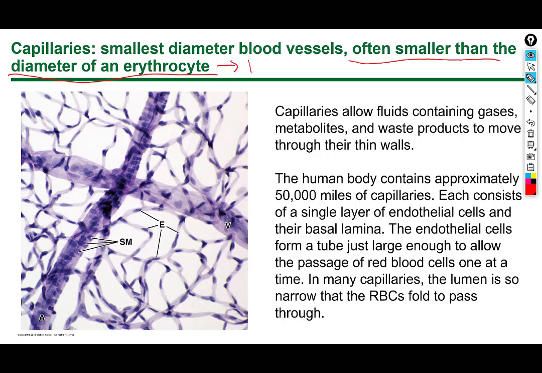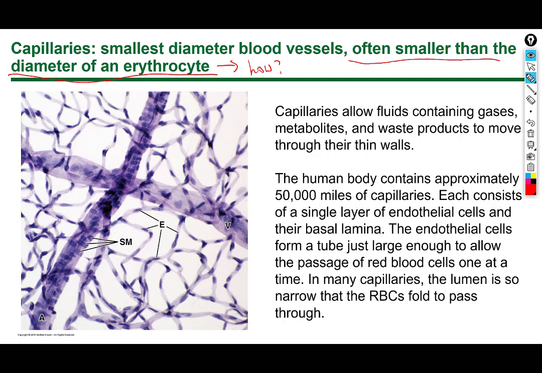So that begs the question, how do erythrocytes, how do red blood cells get through? Well, if the diameter of the vessel is big enough, they can go through single file. But also remember that red blood cells have a discoid shape, so they look kind of like a frisbee almost, with a thin middle.